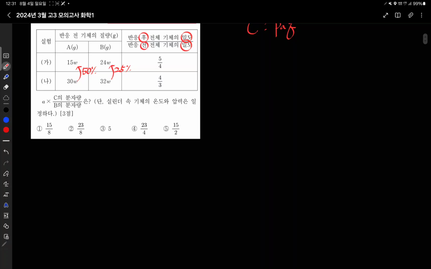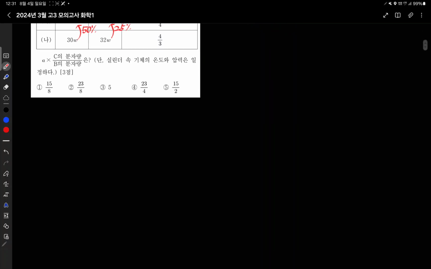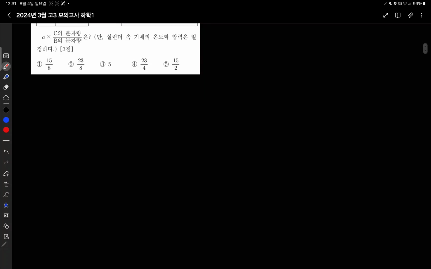So let's make a table for the amount of each reagent before and after the experiment.